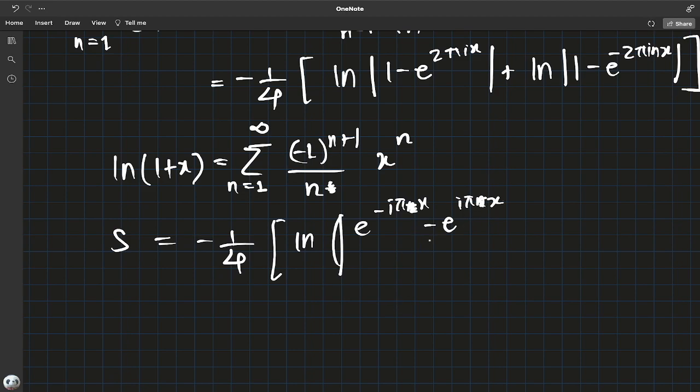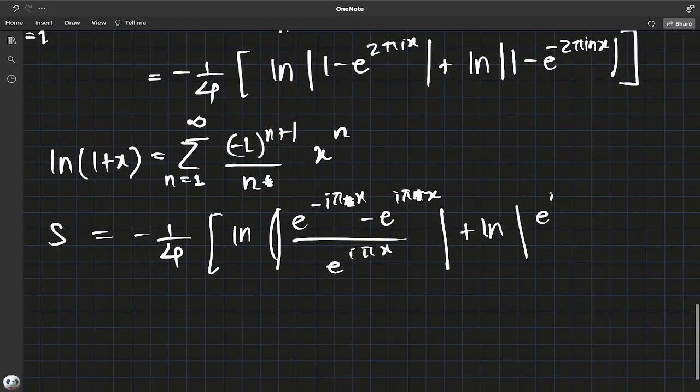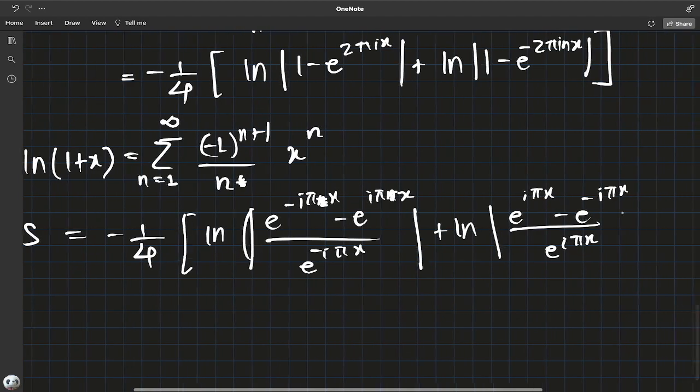Just x. e to the i pi x. Natural log of e to the i pi x, negative i pi x, e to the i pi. There should be a negative here and no negative there.